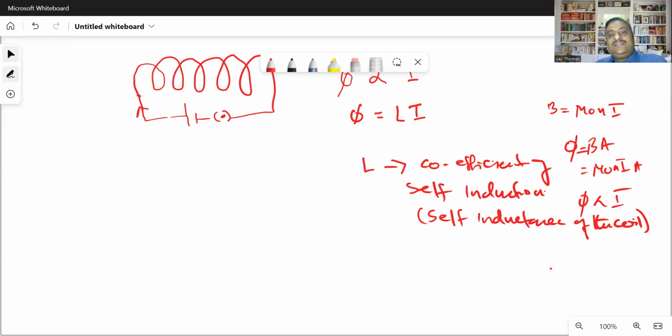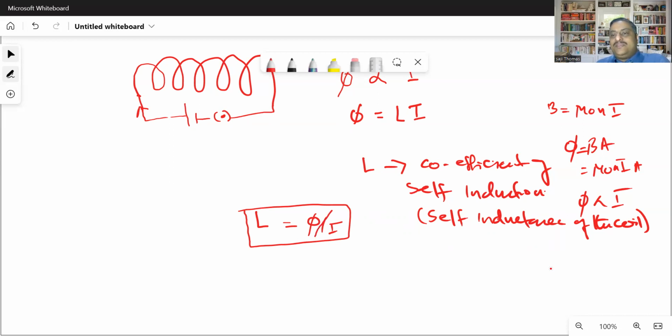Now we can define self-inductance. Self-inductance L is equal to phi by I. So self-inductance is defined as the magnetic flux linked with the coil when unit current is flowing through it.